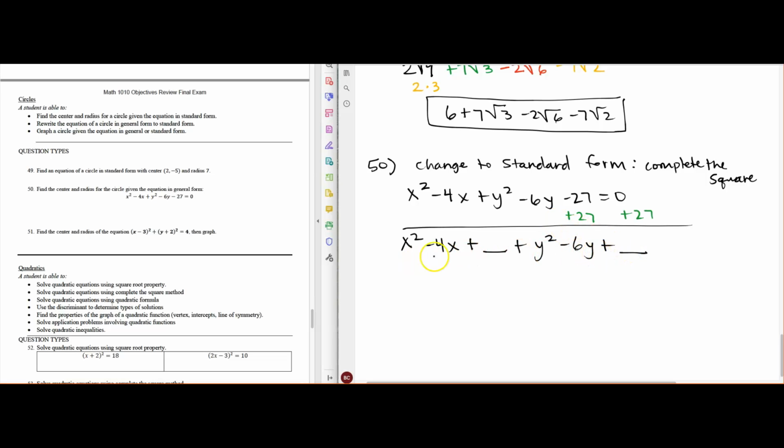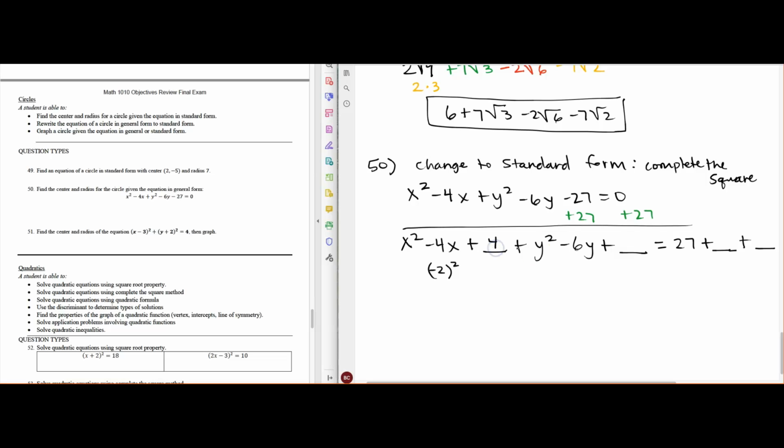I'm trying to make these two perfect square trinomials. But if I add those numbers to one side of the equation, I've got to add those same numbers to the other side. This is where the completing the square comes in. When we do this, we take half of our middle term, so that's -2, and square it.